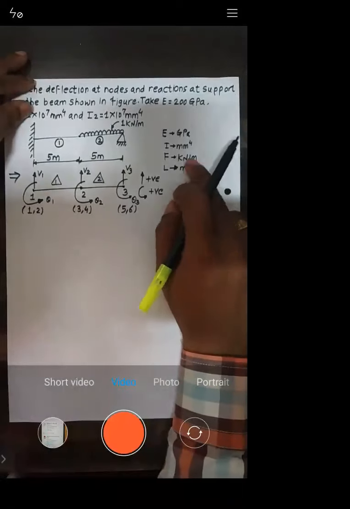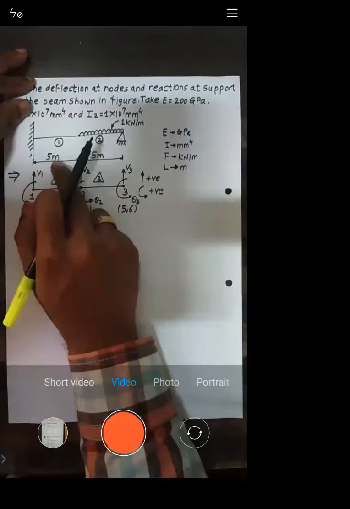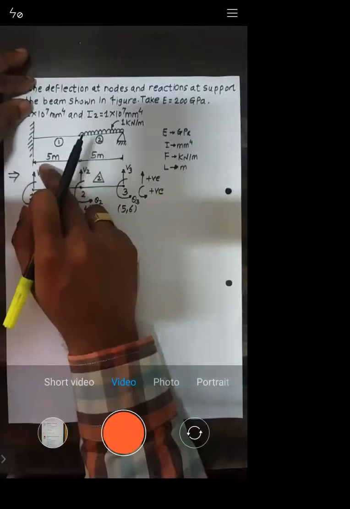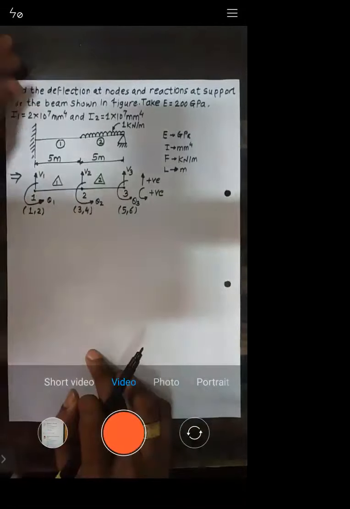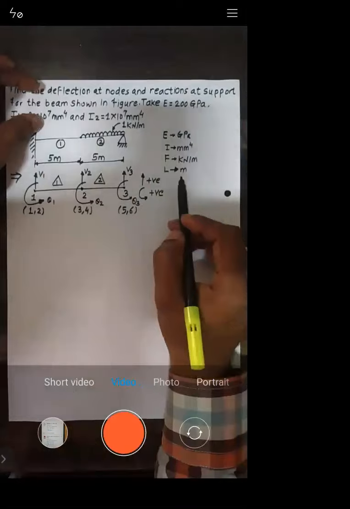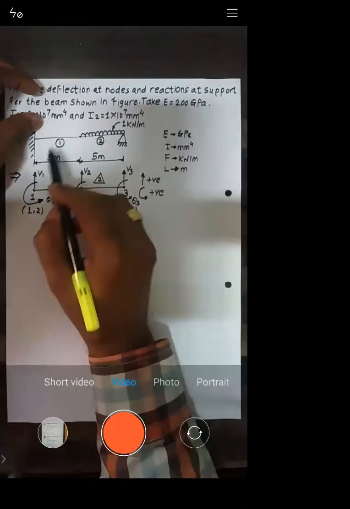But see, if you take length in mm, this becomes 5,000. Is it okay?